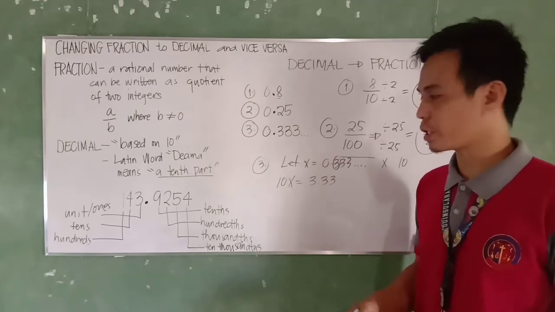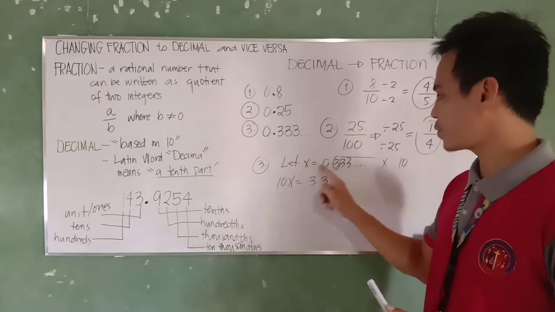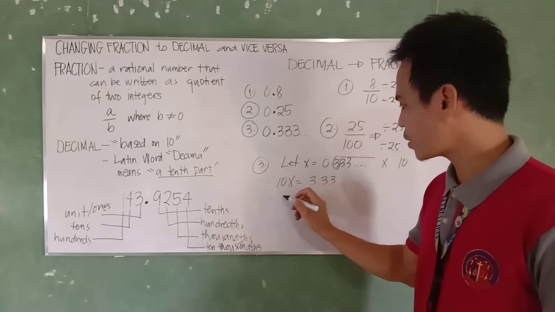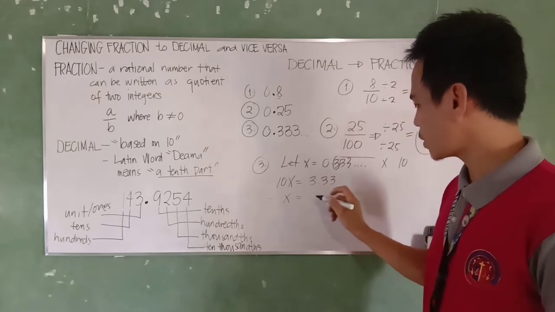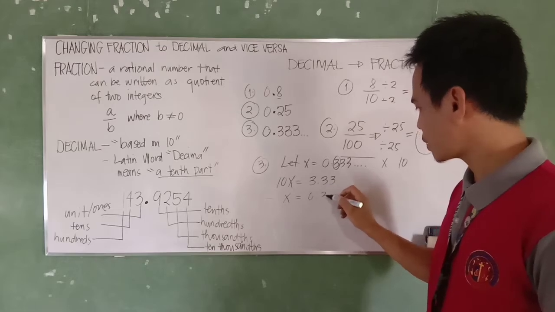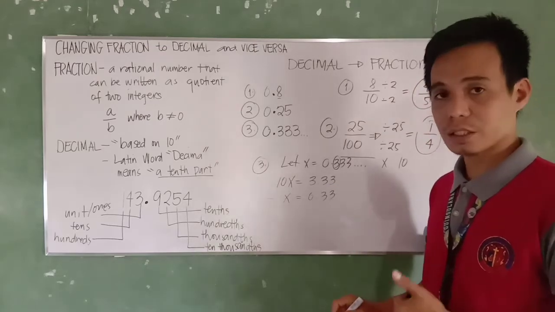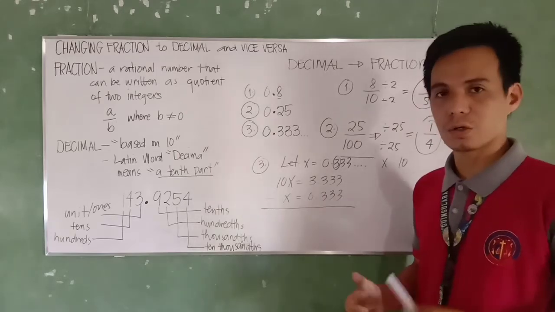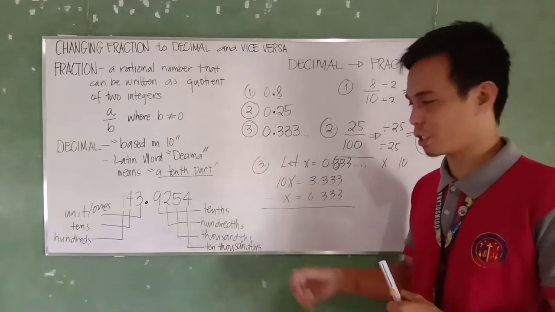Okay? So, therefore, we have to multiply it by 10. And what should we do next is to subtract your original x there. So, therefore, this is minus x is equal to, yung first natin, 0.33. Okay? Subtract lang natin. This is 3. Okay, now proceed to subtracting the numbers.